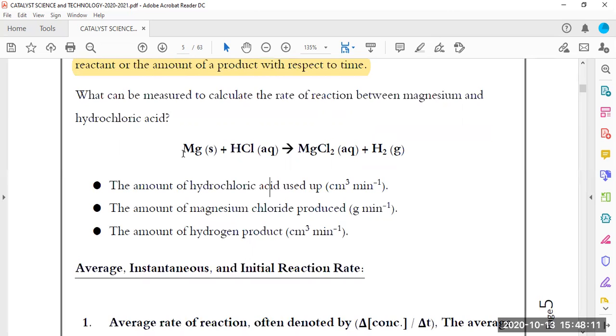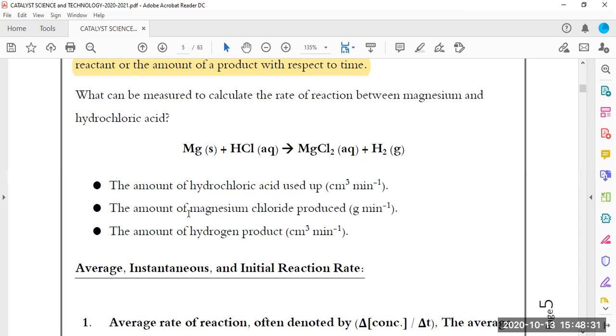So how do we measure the rate of reaction of this one? Either the amount of hydrochloric acid used up, because that would be used up as a reactant. So we can measure how many cubic centimeters, for example, per minute that changes.